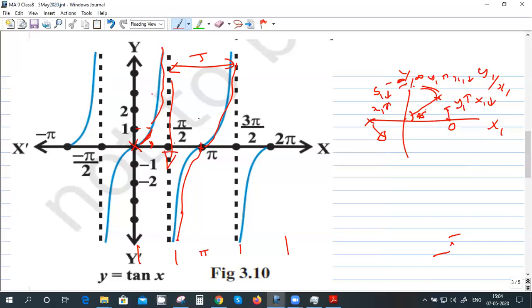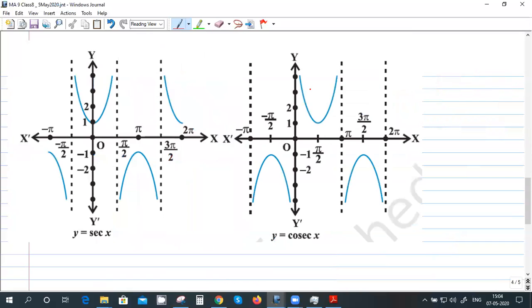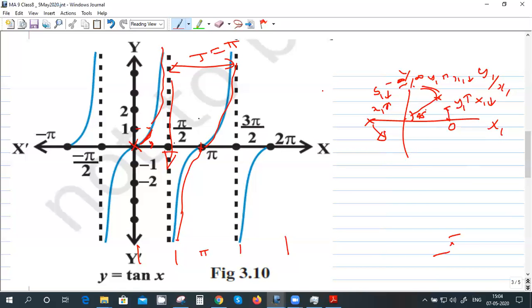And this period is pi. 2 pi is an obvious period because it's going to rotate and come back to the same point. But in addition to 2 pi, there is a shorter period which is pi. So you can figure this out on your own. It's not difficult. Yes, sir.